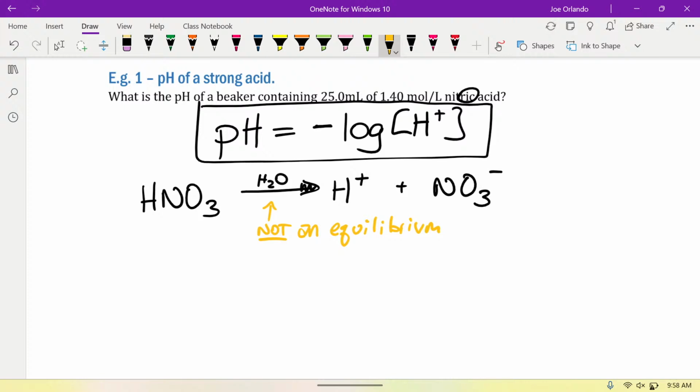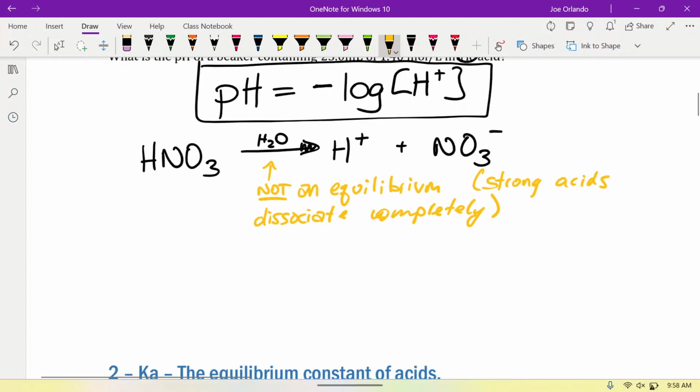All right, strong acids don't form equilibria. Strong acids, what do we call splitting apart? Yeah, very good. They dissociate completely. All right, so strong acids dissociate completely.